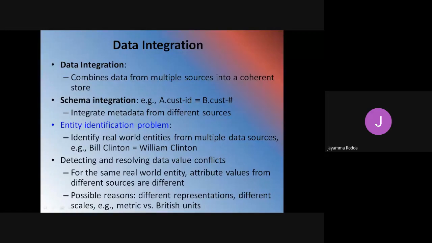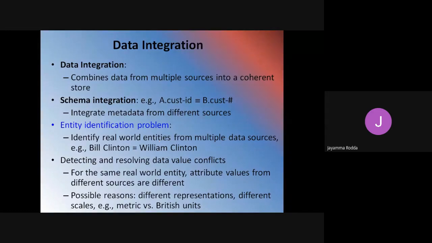In this schema integration, we may have a problem called the entity identification problem. Here, the real world entities come from multiple data sources, and there is a problem in identifying the data from multiple sources. One will be storing the data in one format and the other in another format, though the meaning of the data may be the same.